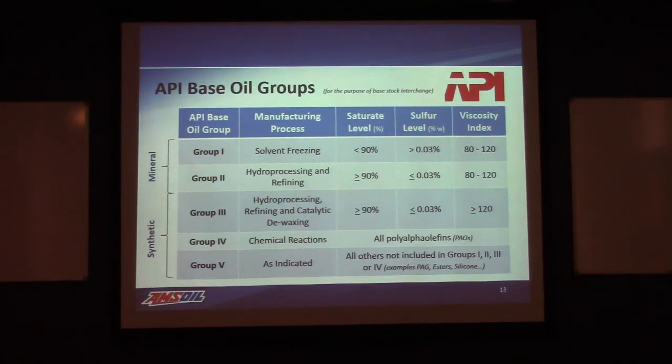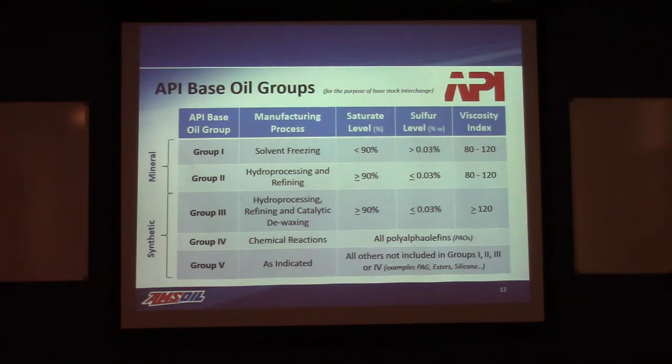API, the American Petroleum Institute, has put together a generic base oil group classification. It tends to be based on saturation, or to what degree the most desirable molecules exist within the base material itself, sulfur contamination levels, and then viscosity index.